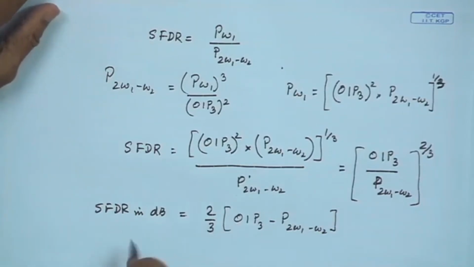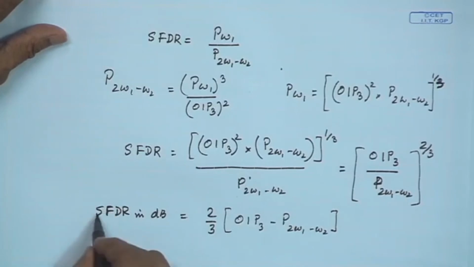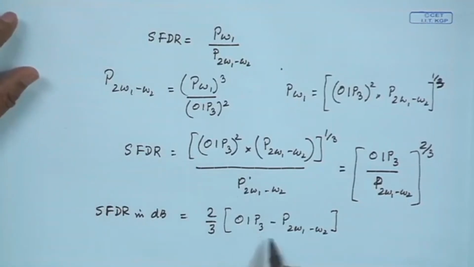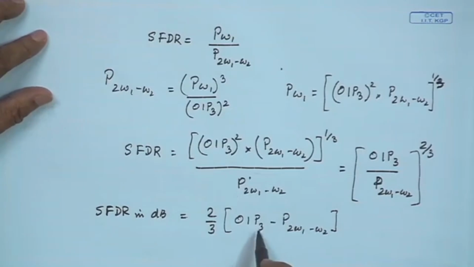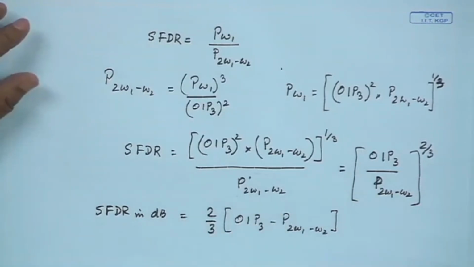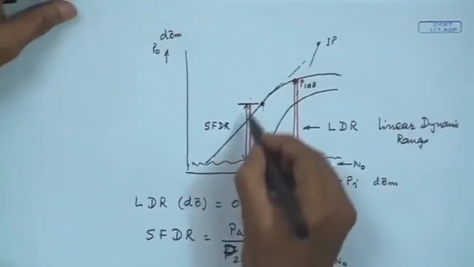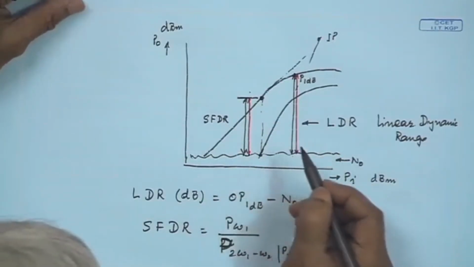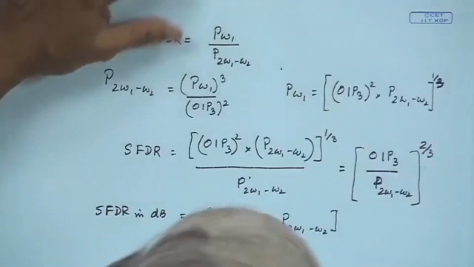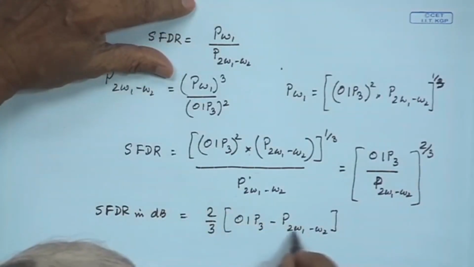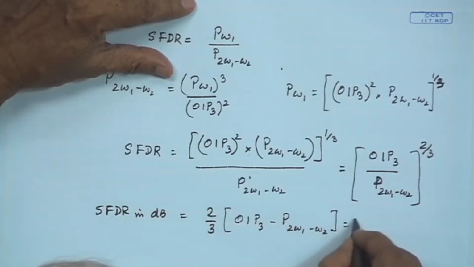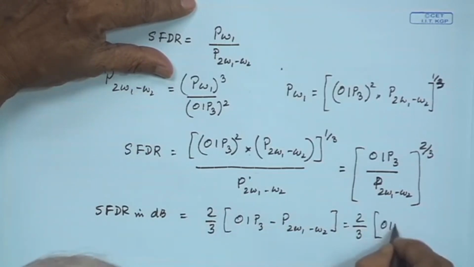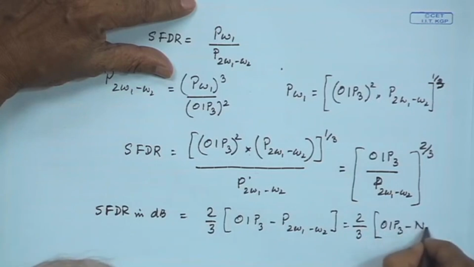Now, this is the definition of the spurious free dynamic range in terms of OIP3, but it is not only the dynamic range. At the lower side this is the noise, and therefore, when this becomes the noise power, it is 2/3 of OIP3 minus N0.